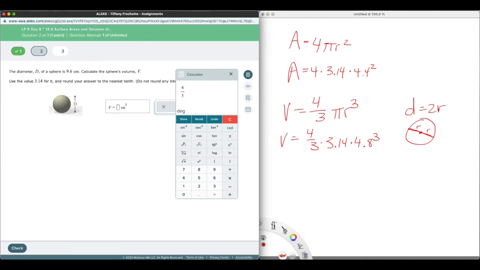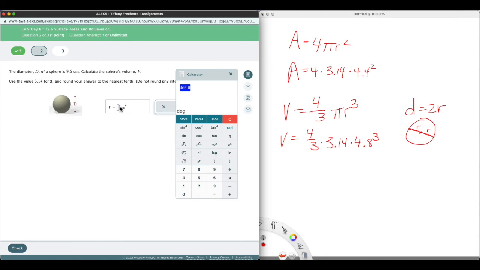4/3 times 3.14 times 4.8 cubed. All right, let's go ahead and enter. And we do want to round to the nearest tenth. So I'm going to go down to the tenth. Here's 0 is my tenth. The next number is 1. That's definitely 4 or smaller, so I'm just going to round it off. They do want to see the 0.0 on here.